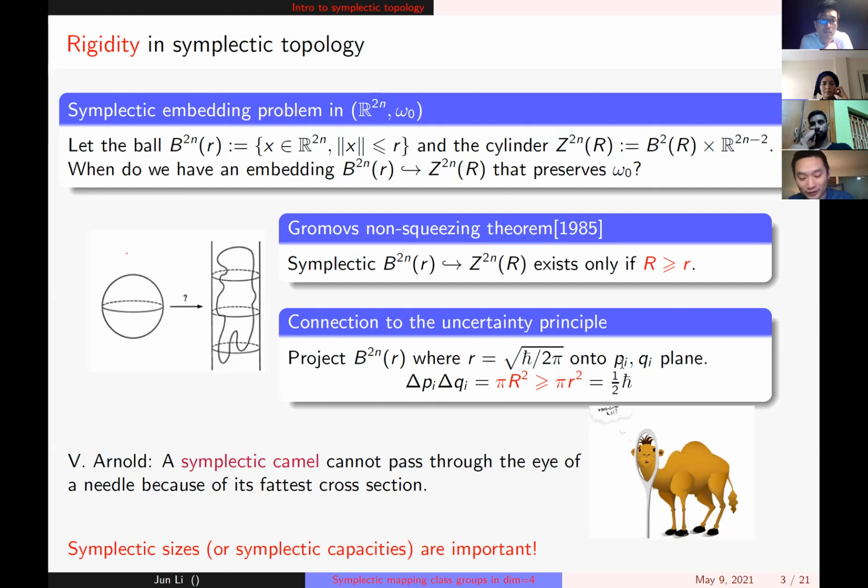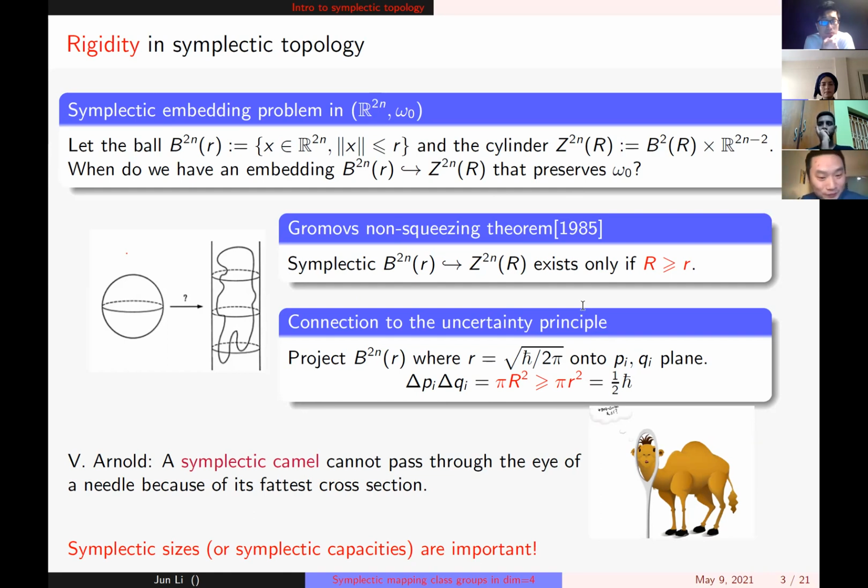If you have some knowledge of classical mechanics, p_i stands for position and q_i for momentum, and we are interested in measuring momentum and position in one direction. That amounts to projecting to the B^2 part of the cylinder. Then the product of the variance of the position and the variance of the momentum is πR², which is greater than πr², and that's related to the Planck constant.